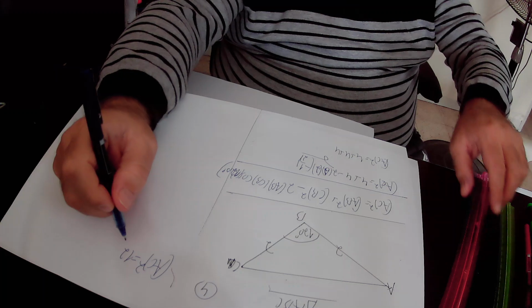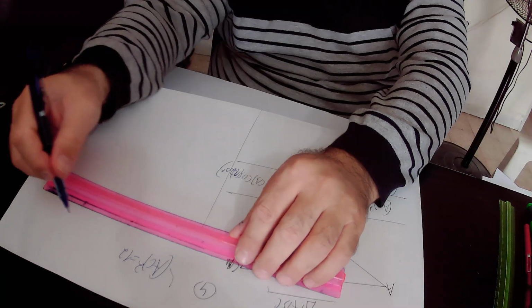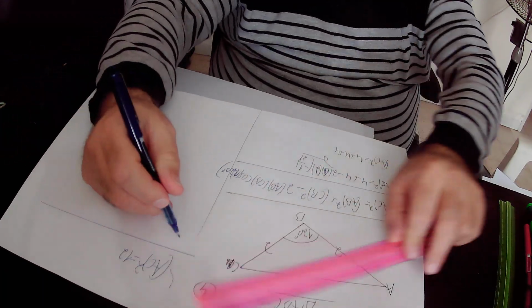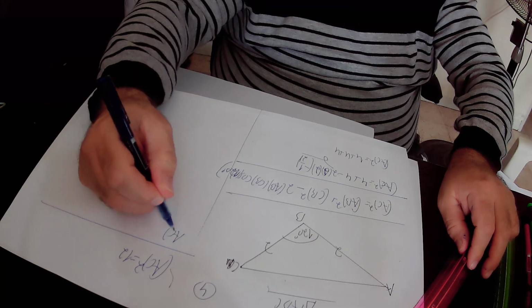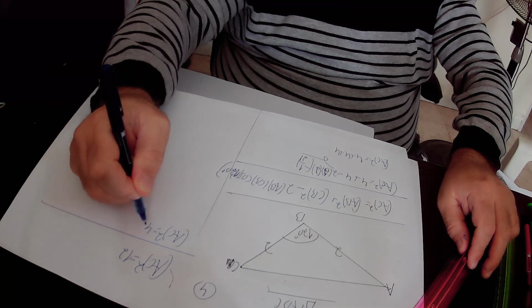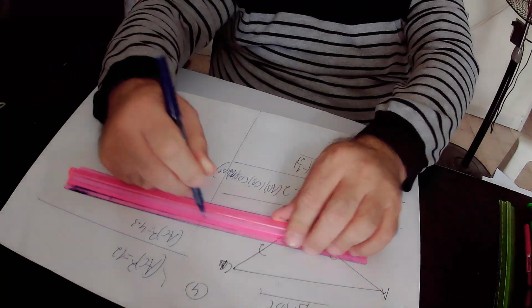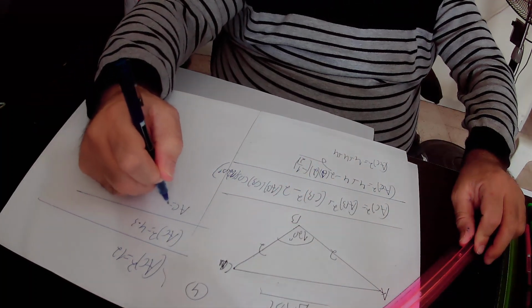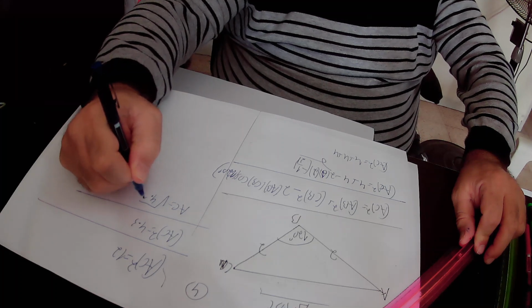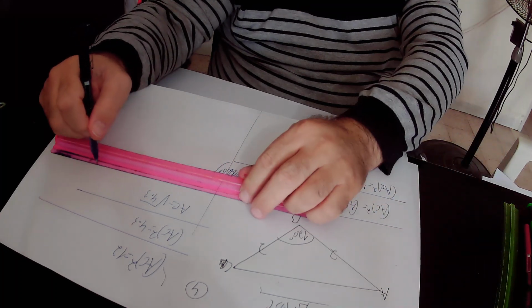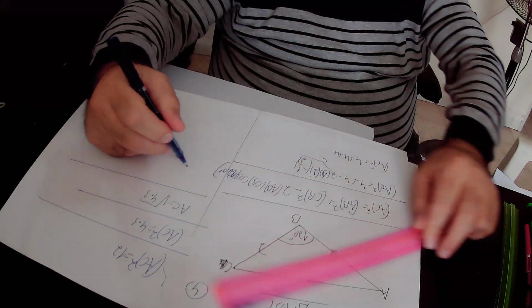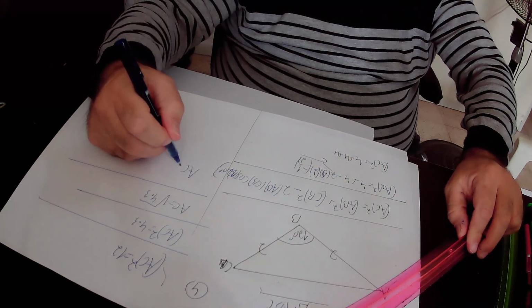Here we substitute 12 by 4 times 3. So AC squared equals 4 times 3. Here we will take a root out of this equation and we will get that AC equals the square root of 4 times 3. Here we take 4 out of the root and we get that AC equals the square root of 4, which is 2.